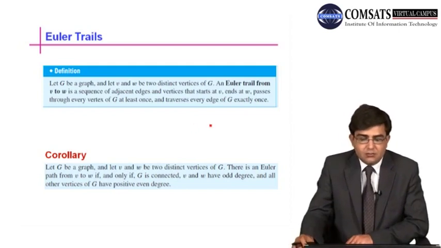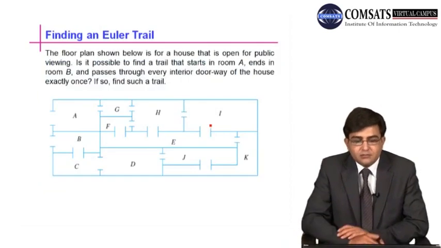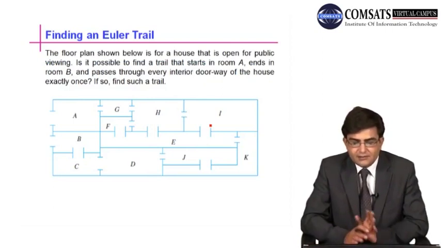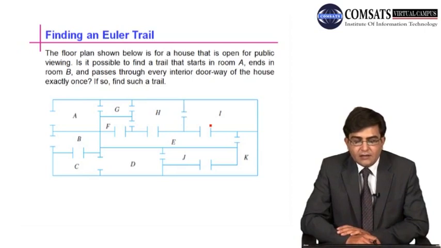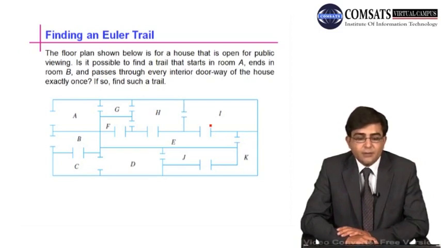So now we consider an example of how to construct an Euler trail. We follow the same procedure as we have used to construct the Euler circuit, but here the starting and ending point is different. Here is an example of a floor plan shown below for a house that is open for public viewing.